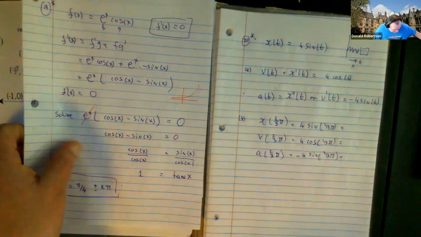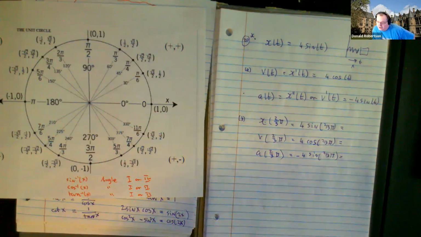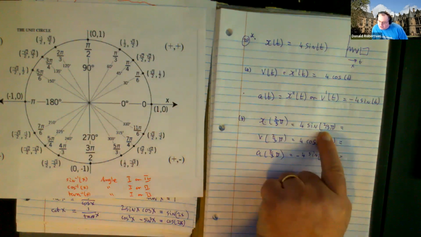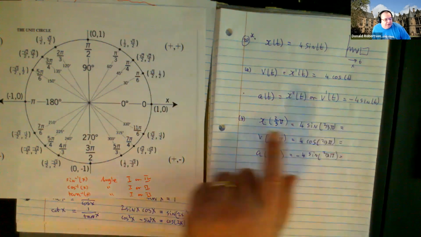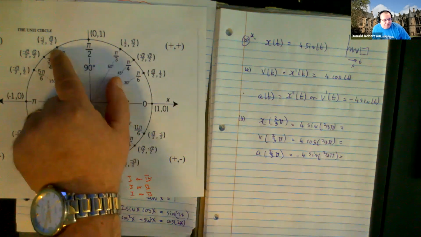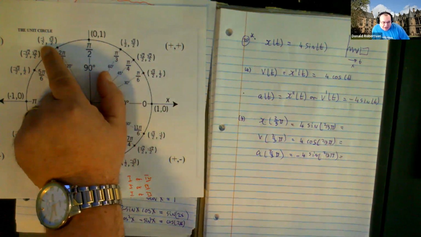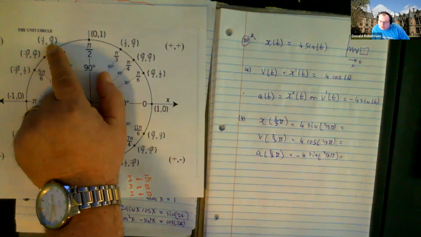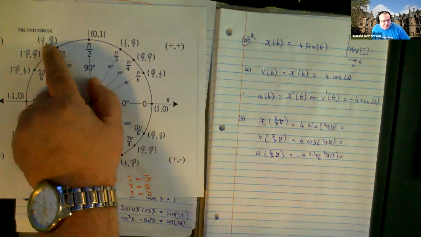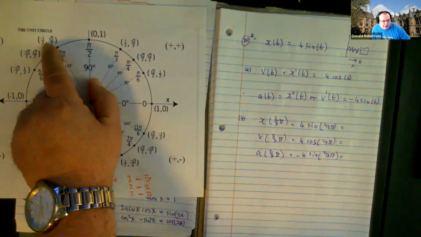And isn't that where the unit circle kicks in? Right. I need to find the sine of 2/3 pi. It's over here. Right, there's 2/3 pi. Which one is the sine? The -1/2 or the √3/2? The x or the y?